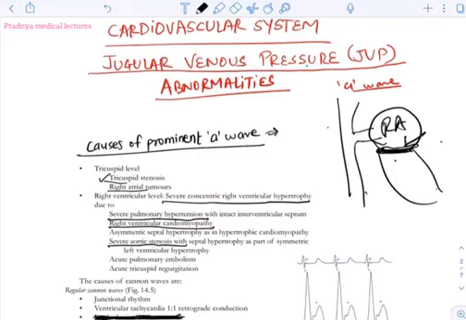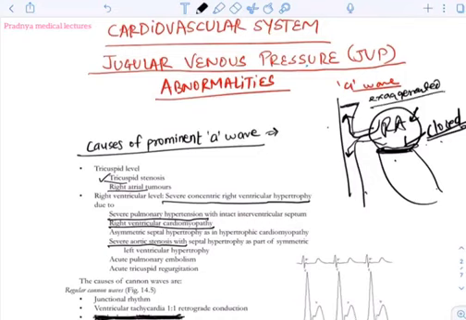If the atria has to contract against a closed valve, the energy from the atria will be wasted away into the veins, and this can be seen in the waveform as an exaggerated A wave, a giant A wave.